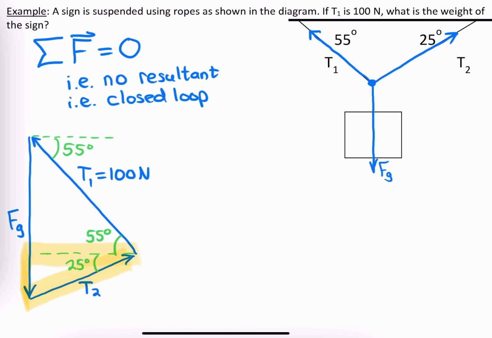So that means because the two non-right angles in a right angled triangle have to add to 90, if this one is 25, then the opposite angle should have to be 90 minus 25, which is 65.